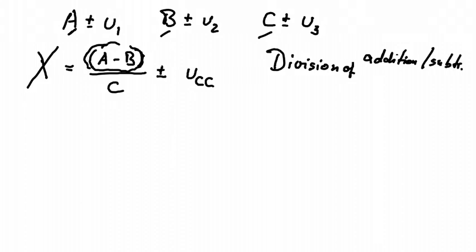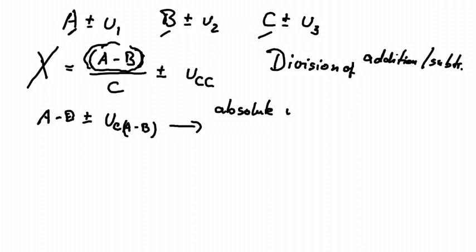So what we do is we calculate the combined uncertainty for A minus B. So A minus B plus minus the combined uncertainty for these two. So combined uncertainty A minus B. And we know what this is. We just simply use the absolute uncertainties.